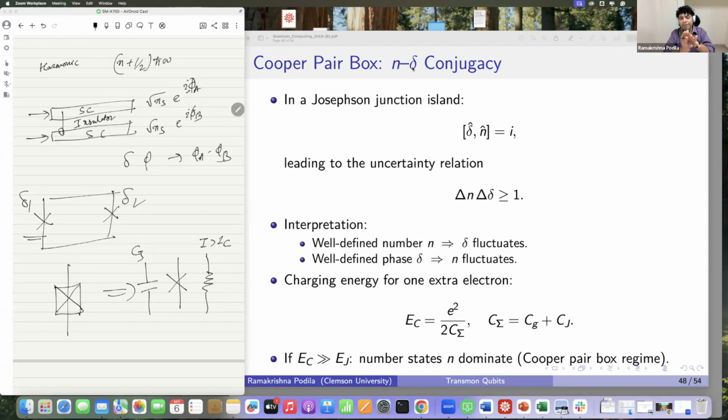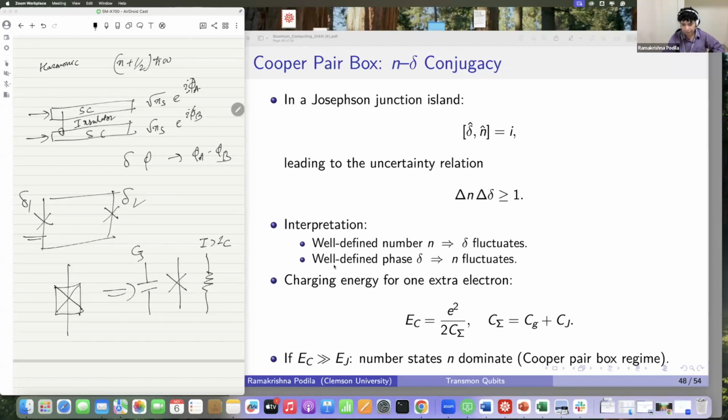If you do multiple measurements, these uncertainty relations, which we have discussed before, pertain to multiple measurements. So if I measure multiple Cooper pairs multiple times, I get a distribution, the delta n of that distribution and the delta of the relative phase distribution. Those are the ones in uncertainty relations, just like x and p.